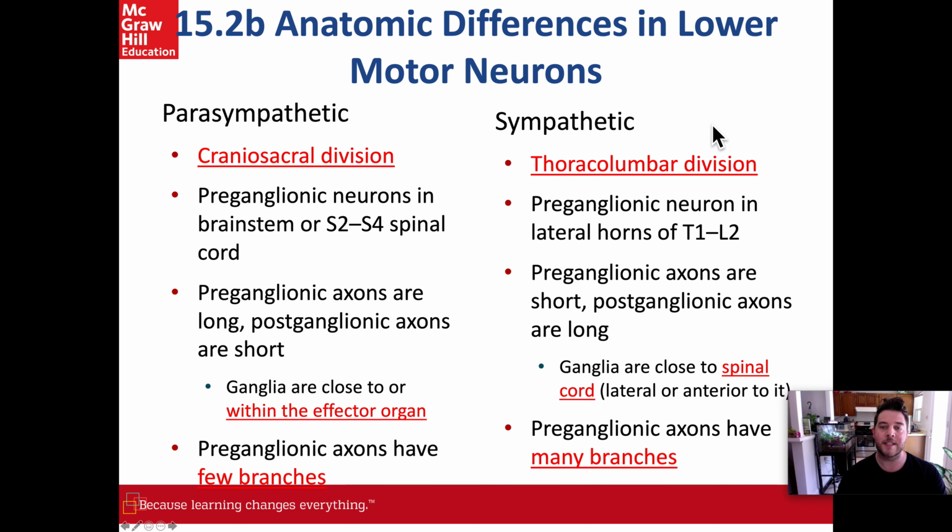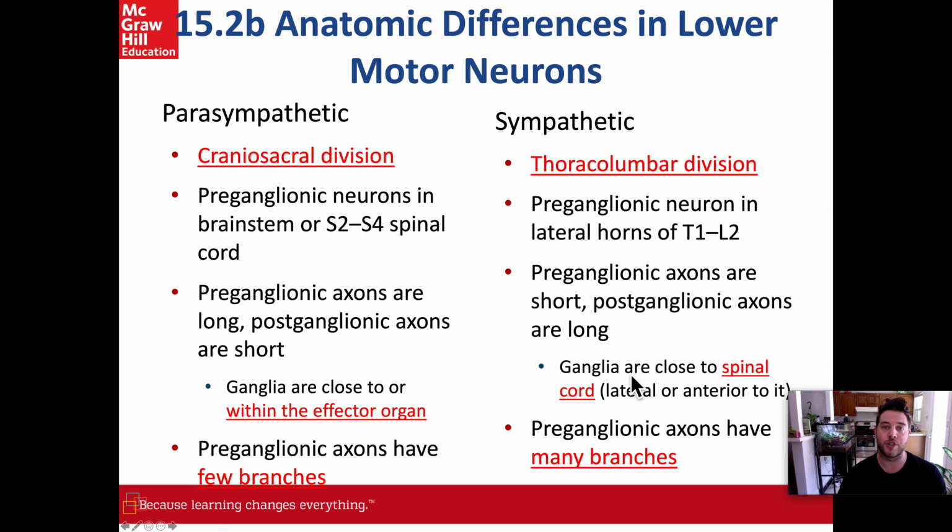In the sympathetic system, we have the thoracolumbar division, so most of the neuron cell bodies are going to be arising from that thoracolumbar portion of the spine. You have preganglionic neurons in the lateral horns of the spinal cord. The preganglionic axons are short, whereas the postganglionic axons are long, so the opposite of the parasympathetic.